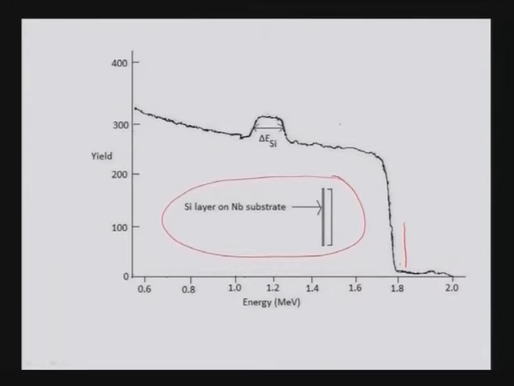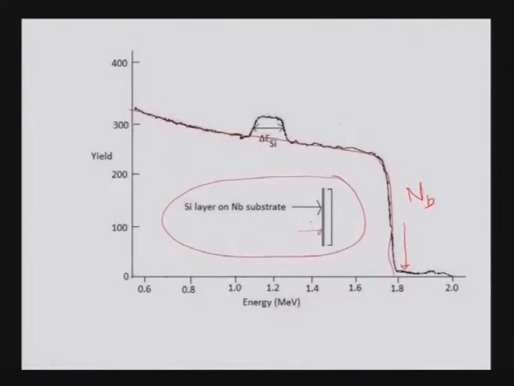So, the surface of niobium is somewhere here, and then you have niobium all through. So, you get this spectrum here for niobium, and this is the silicon which is sitting at the surface of this niobium substrate.